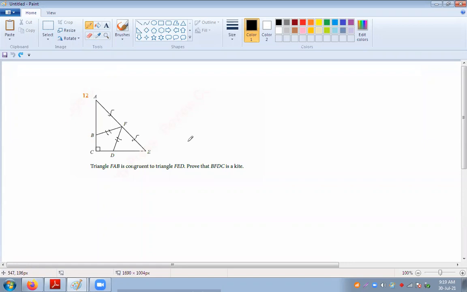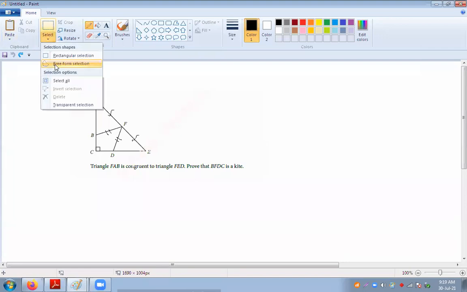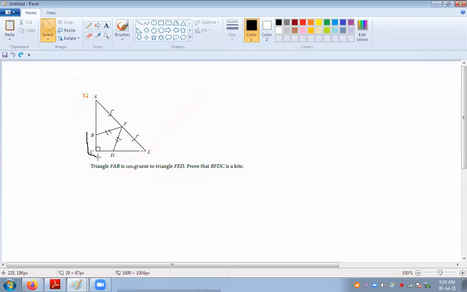First we will take this picture. Suppose we are making a copy of this. This is the triangle, right?